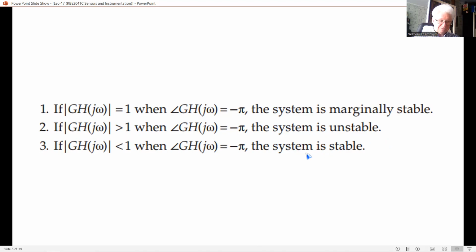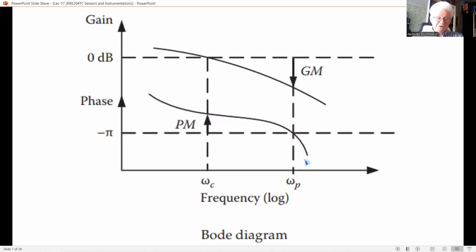So it follows that the margin of smallness of G times H, when compared to 1 at the frequency omega where the angle between G and H is minus pi, provides a measure of stability.